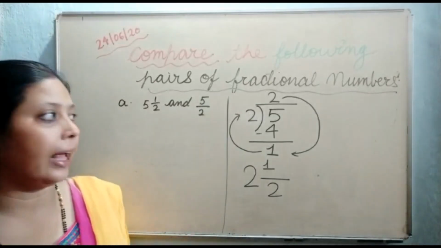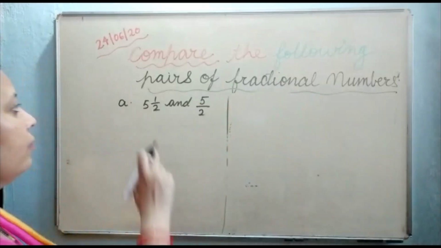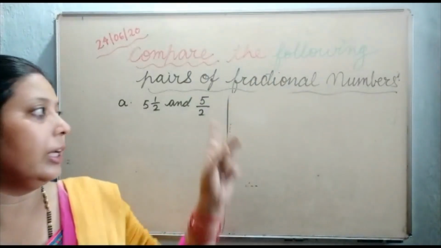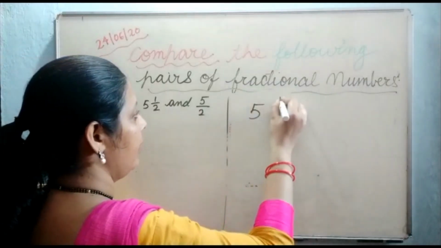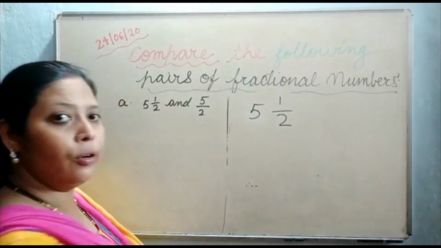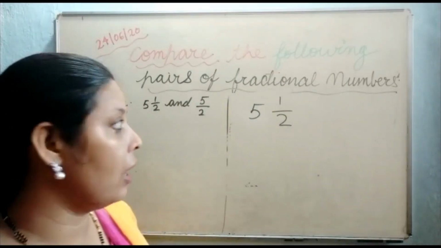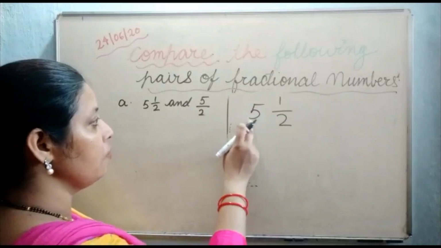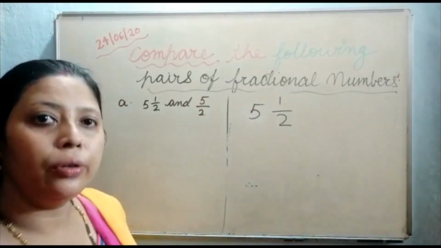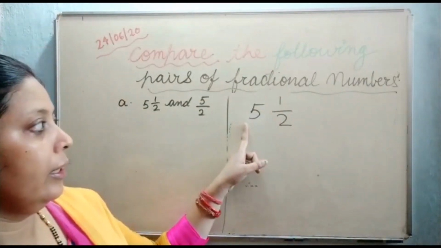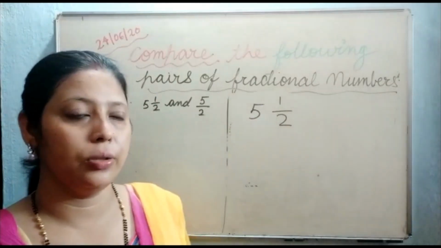And now I will tell you another process here how you will convert this mixed number into improper fraction. You have 5 and half. So you will go the reverse process of the process I have shown you right now. Here you need to multiply this 2 and you add, because you know quotient into divisor plus remainder is equal to dividend.